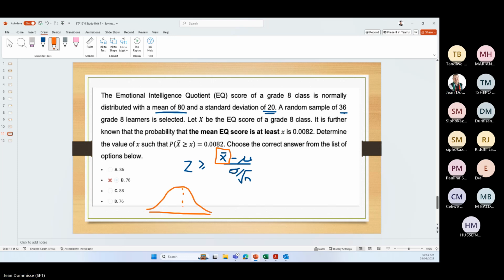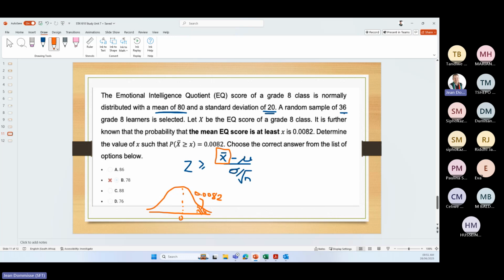So we give you a probability that that Z, whatever that Z value is, the probability bigger or equal to that is 0,0082.